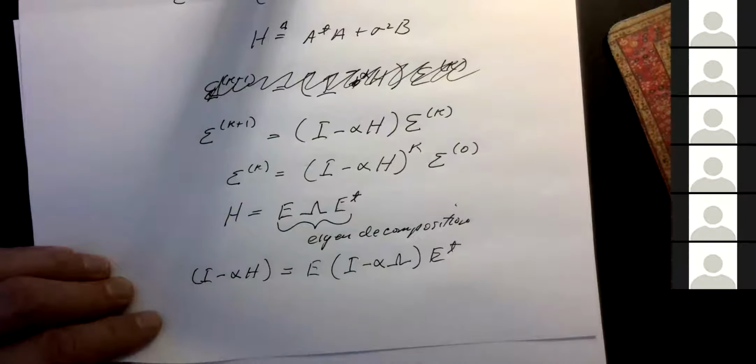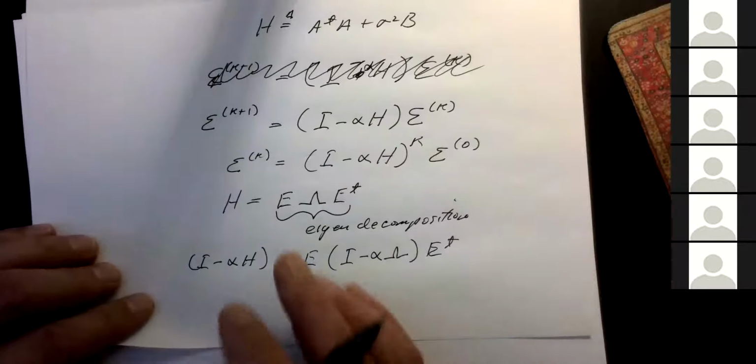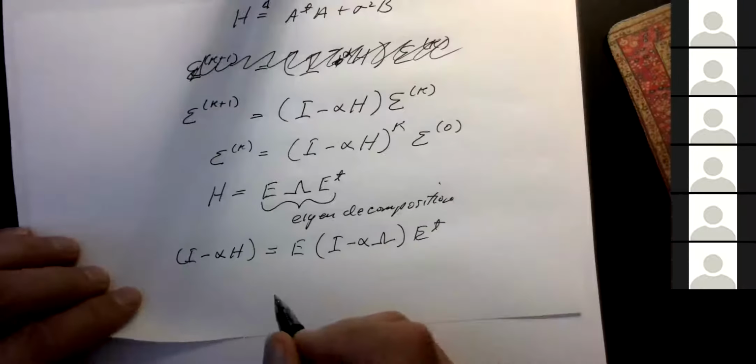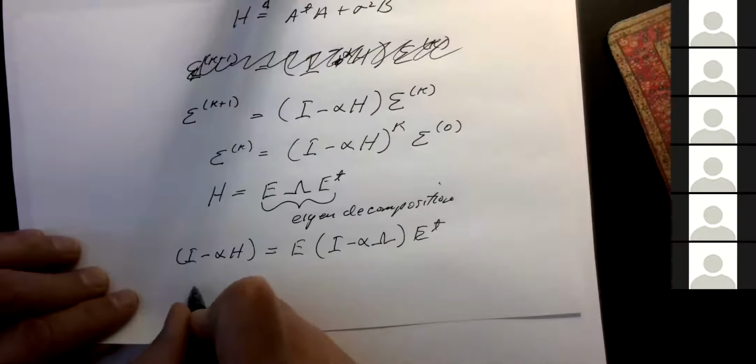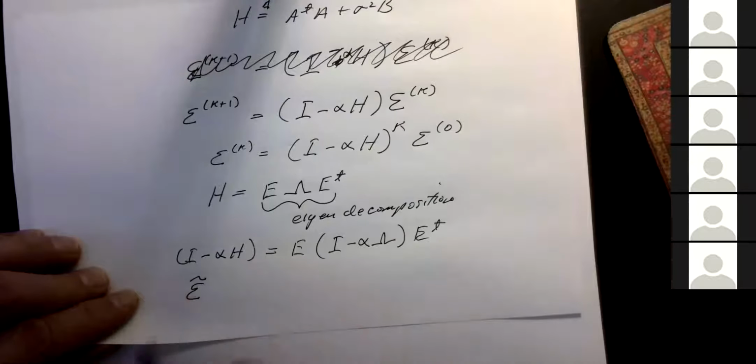Do people understand why that's true? Because E transpose E is the identity. That's why.